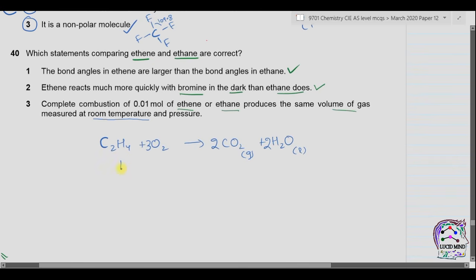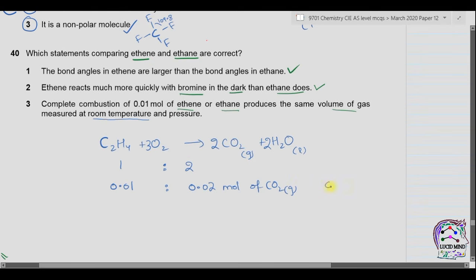So if we have 1 mole of ethene, then 2 moles of carbon dioxide are formed. So if we have 0.01 mole of ethene, then 0.02 moles of carbon dioxide are formed. We can also change this into volume.